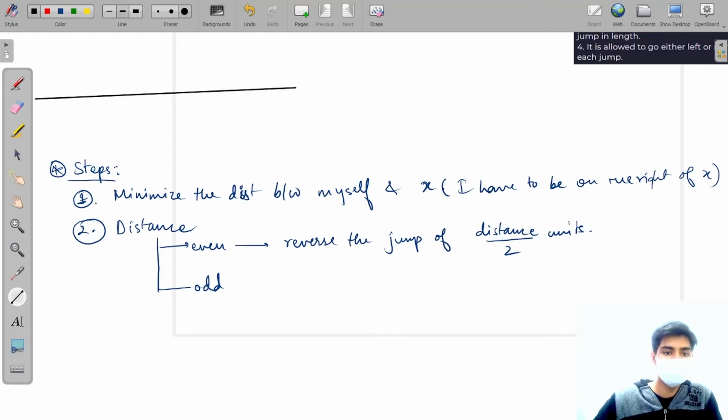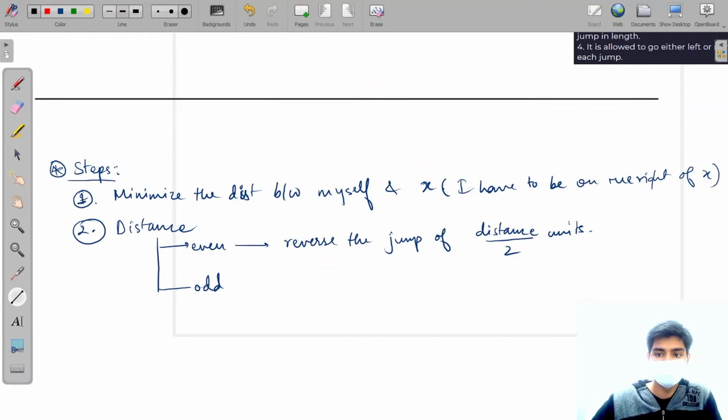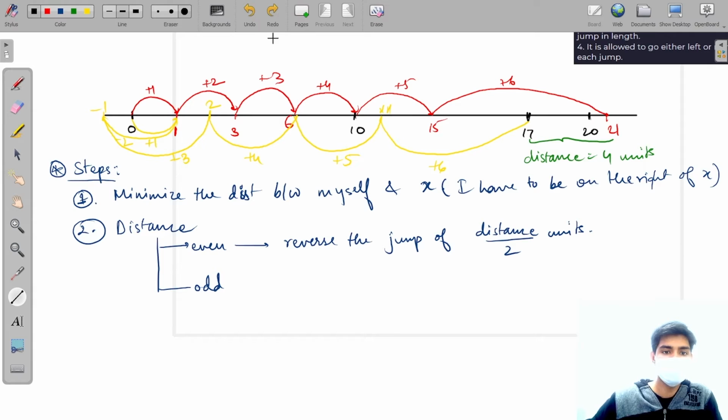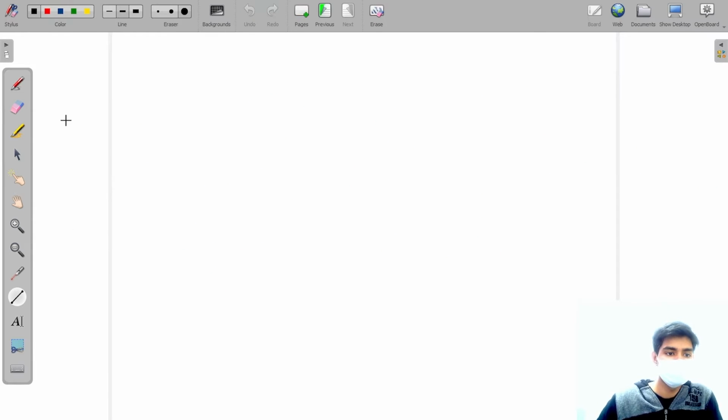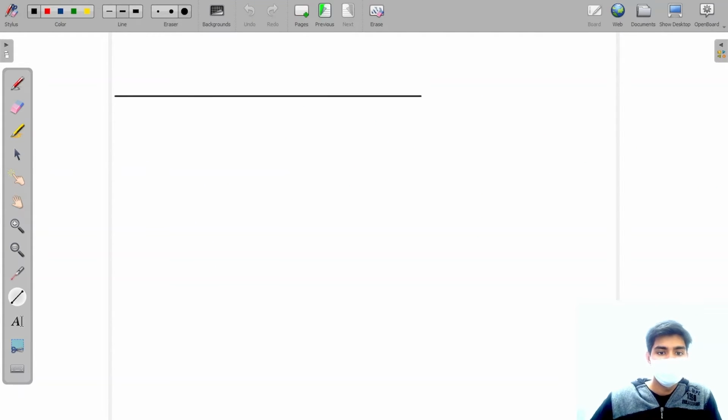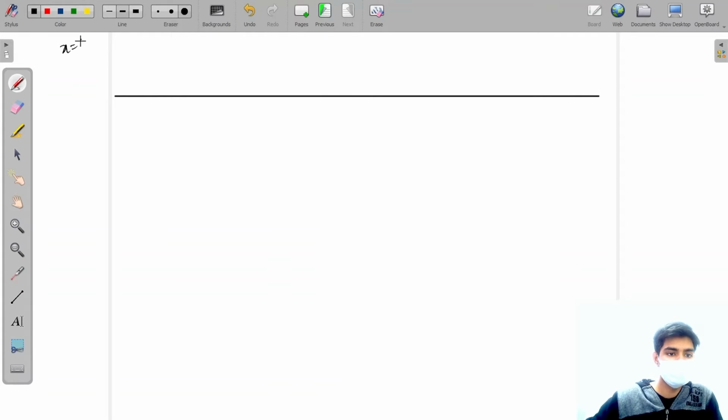Let's make another number line and let's take another case. Let's take a case of x is equal to 18. Now I'm at 0, this is, let's say, 10 and this is, let's say, 20. For 18, I start taking the jumps.